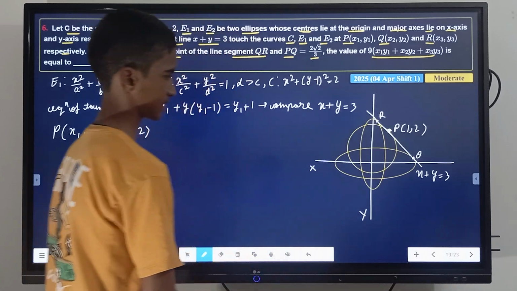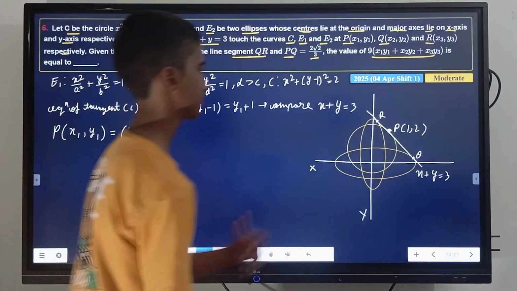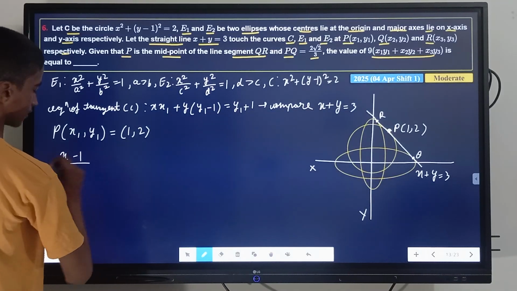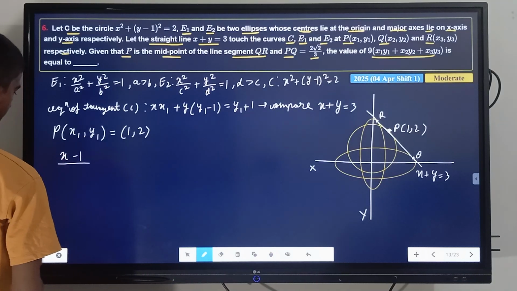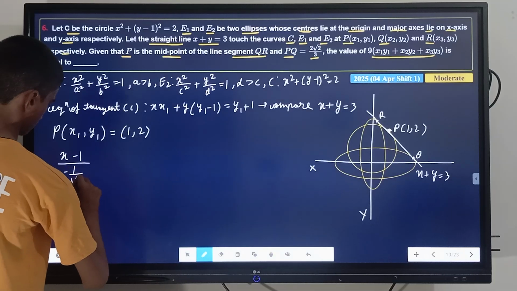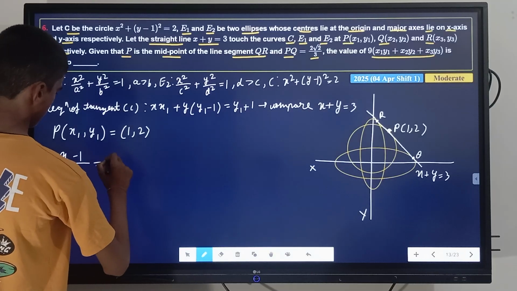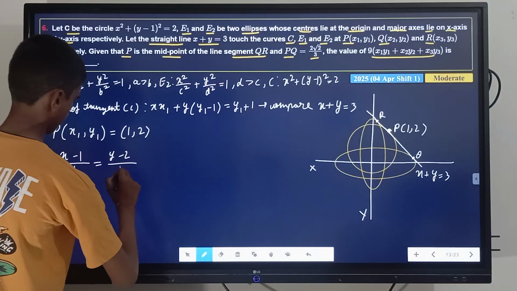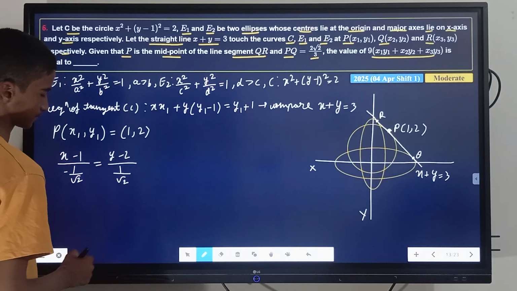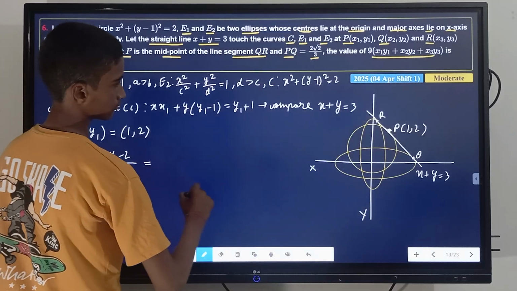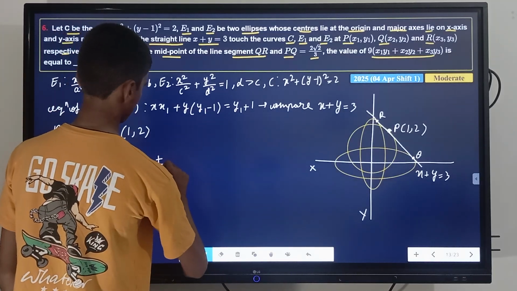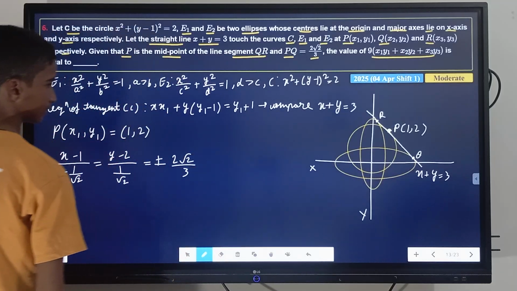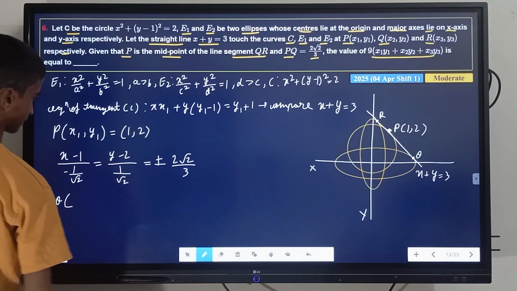So let's write the parametric equation of x plus y is equal to 3 from point 1 comma 2: x minus 1 upon cos 135 is equal to y minus 2 upon sin 135 degrees is equal to PR or PQ, which is plus minus 2 root 2 by 3. Now from here Q will be with the minus sign.